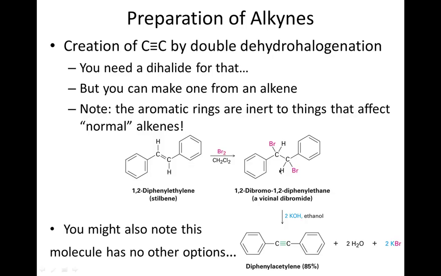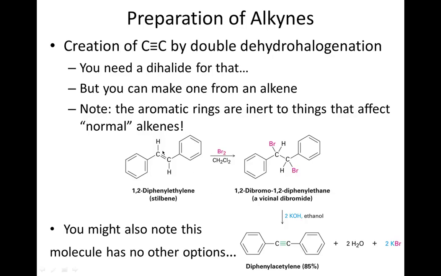And so in case you were wondering how you can find a molecule that has 2 elements of HX to take out, well, you could have started with an alkene, you put your 2 bromines in there, now we can take out an HBr across here and an HBr across here, and we can get to here with 2 molecules of base. By the way, this kind of molecule is called a vicinal dibromide because they're on adjacent carbons.